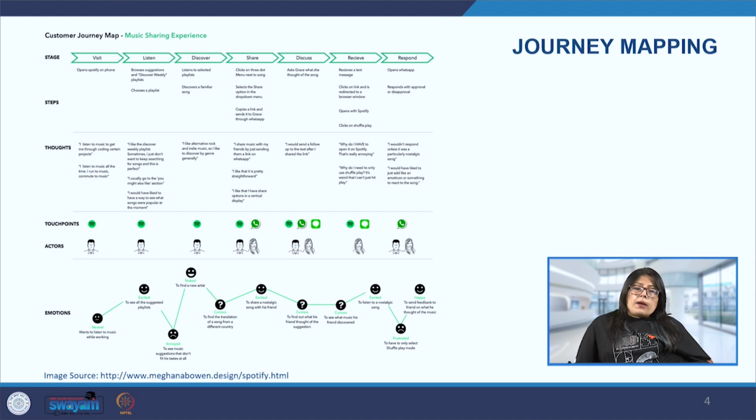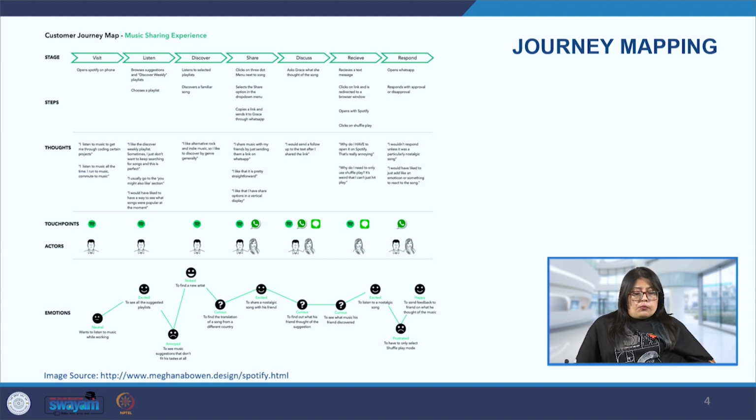And the journey mapping is useful in getting the entire view of customer interaction with the end product, and to also design how the product is to be used or how it will be used. So, the entire journey of the user and the product, and here it is essential to capture the emotions and feelings of the consumer, of the user.